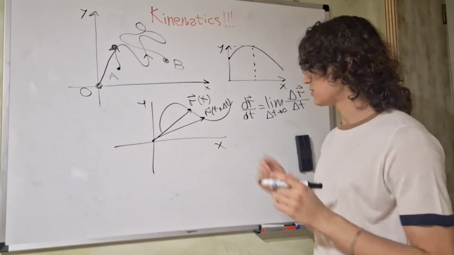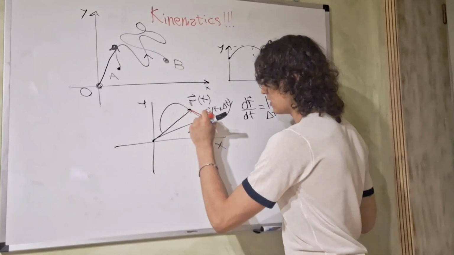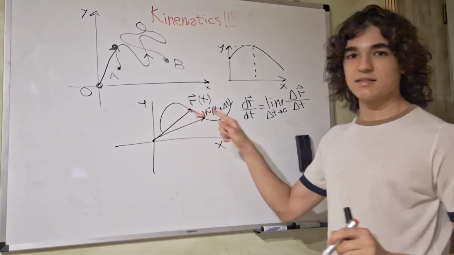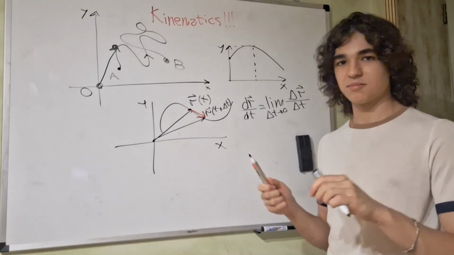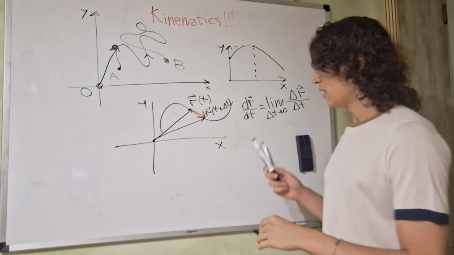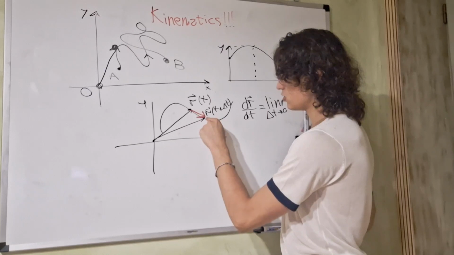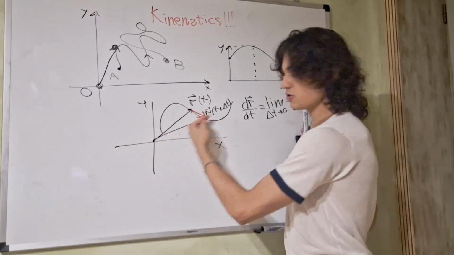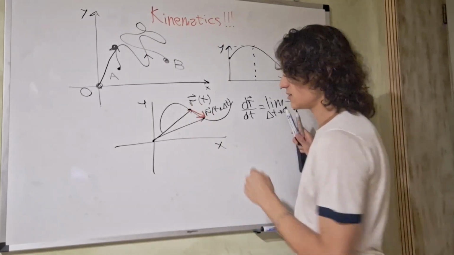What is the difference of these two vectors? Well, let me draw it with the red marker. It's this vector here, and you can think of addition and subtraction of vectors as getting from the origin to this vector: I can go straight or I can go along this path plus this path.